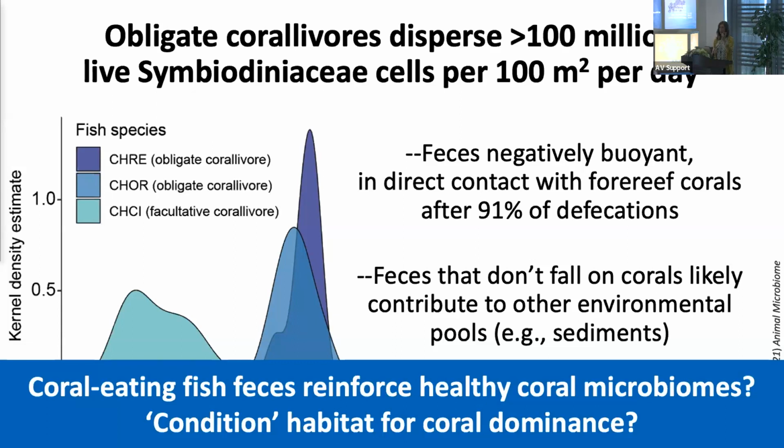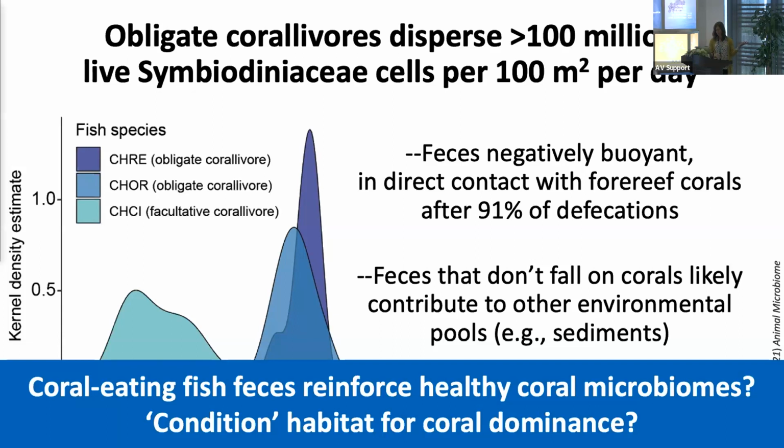Whereas if you have a reef start degrading, you might have more of the grazing fish that eat these bushy algae, and you might start having a feedback loop in which more and more of these microbes that are pathogenic for corals might be spread around the reef. And so, you might have a tendency to push one way or push the other way.